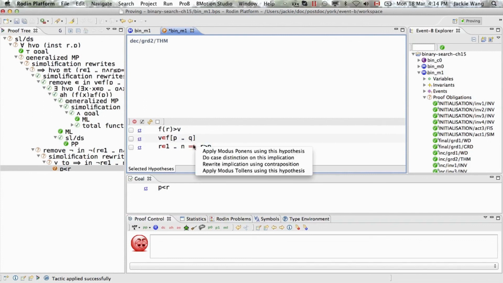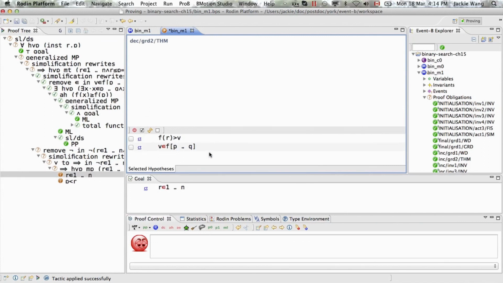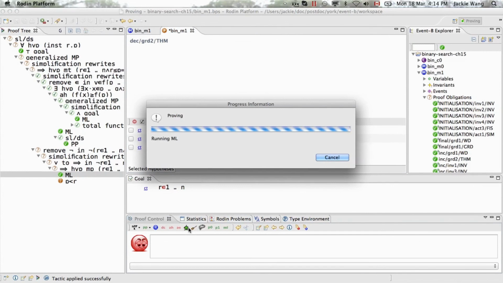So now we apply the modus ponens rule, and now this is the antecedent that we just saw, which is r is in the range of 1 up to n. This is indeed the case because that's what we have declared as the invariant, and this will just blow away.